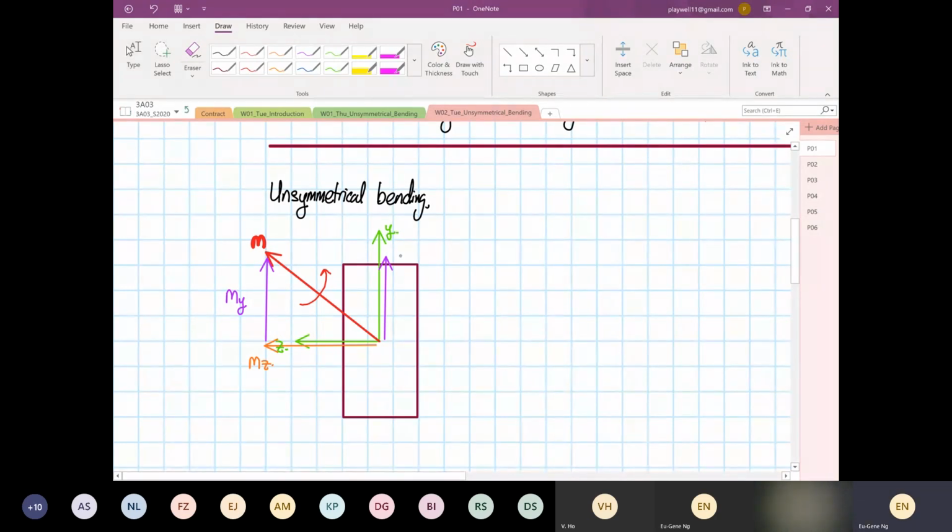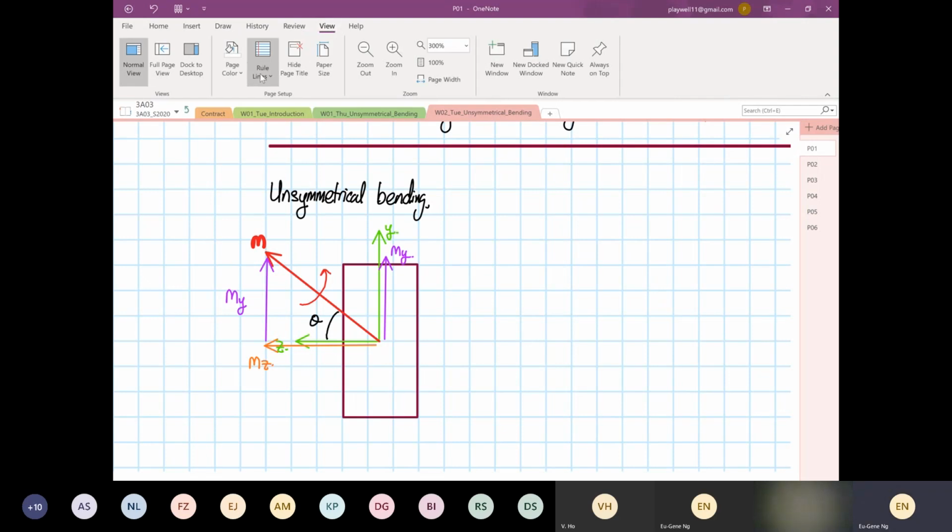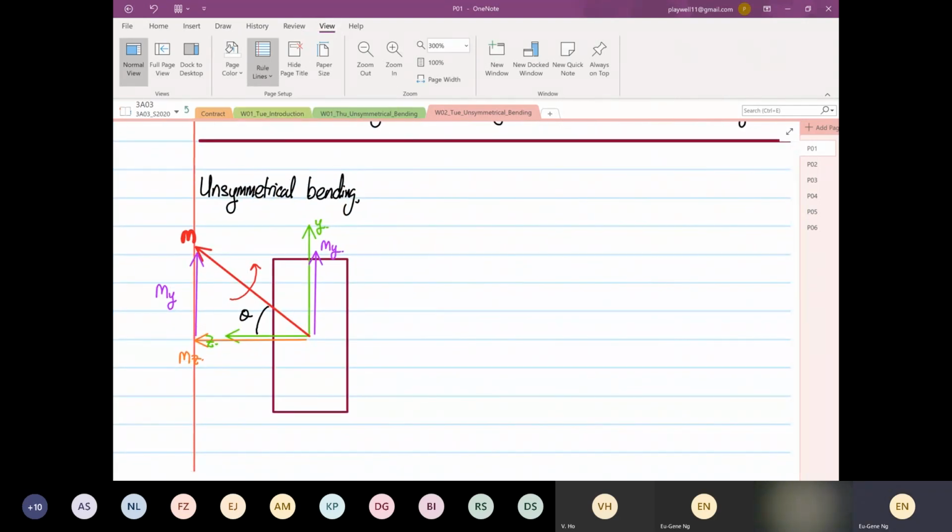And let's look at how we break them into components. So we know that given this angle over here, the angle over there will be theta. So we will break them down into components. We have My equal to M sine theta, and Mz will be equal to M cos theta.